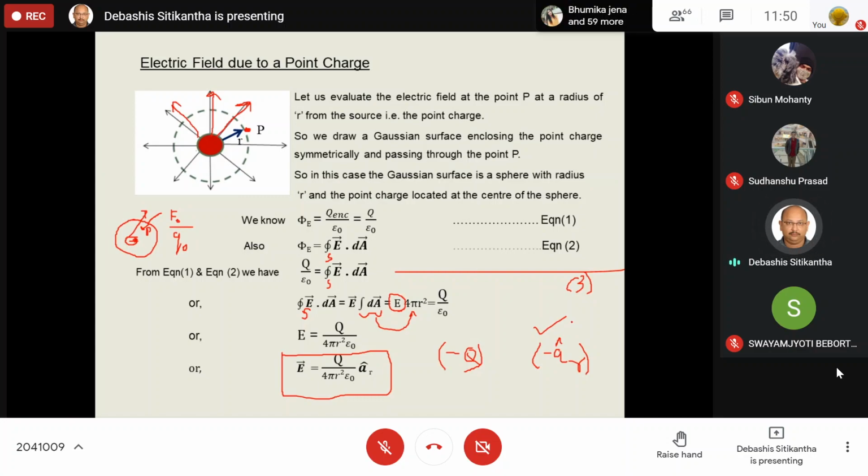Now let us see how we derived it in the last case. Let us try to compare both the methods.